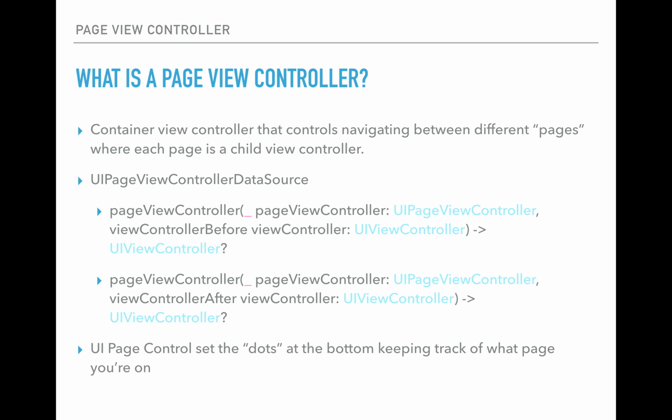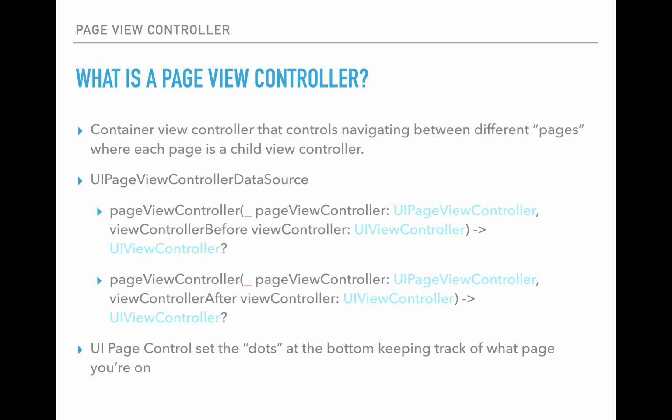With the data source, you have probably two functions that you'll look out for, which are page view controller before, and view controller after. Essentially, those two functions are used whenever you swipe left or right between the pages; you actually have to handle the transition to the new view controller yourself.